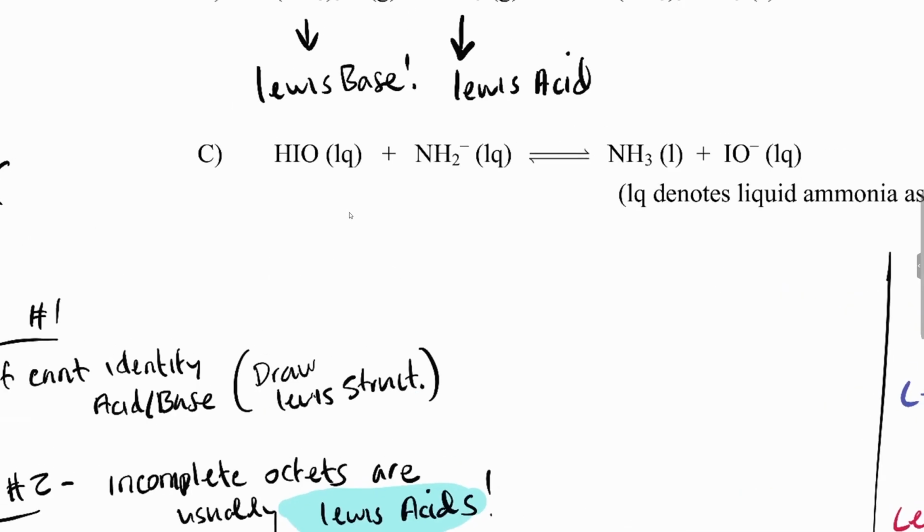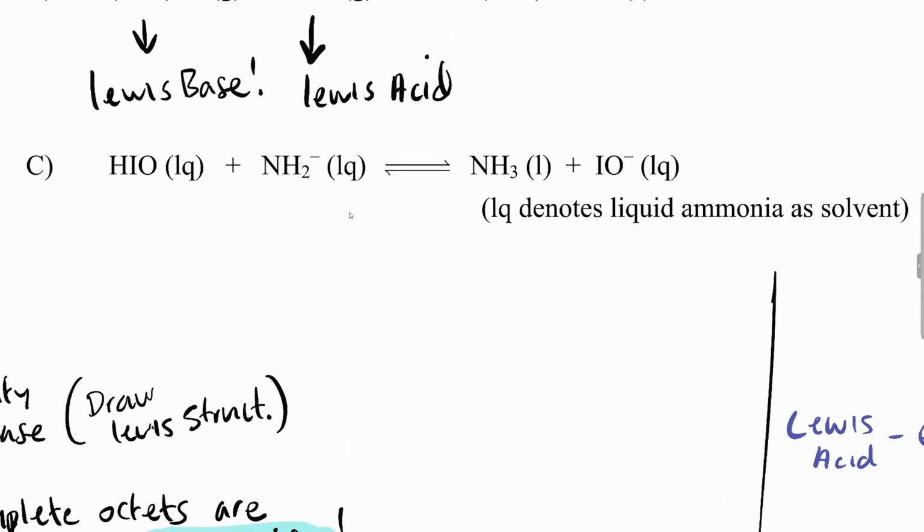Okay. Let's take a look. We have this HIO and NH2. So let's draw the structure of HIO. We have a total of 6 plus 7 plus another 1, that's 14 valence electrons. So that would be HOI, like that. Completing my octets, we can see that that adds up to a total of 14 electrons: 2, 4, 6, 8, 10, 12, and 14 with all those bonds.